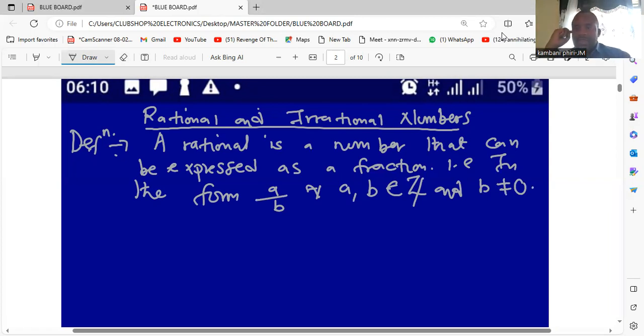So if a number can be expressed in that form, then that number is a rational number.